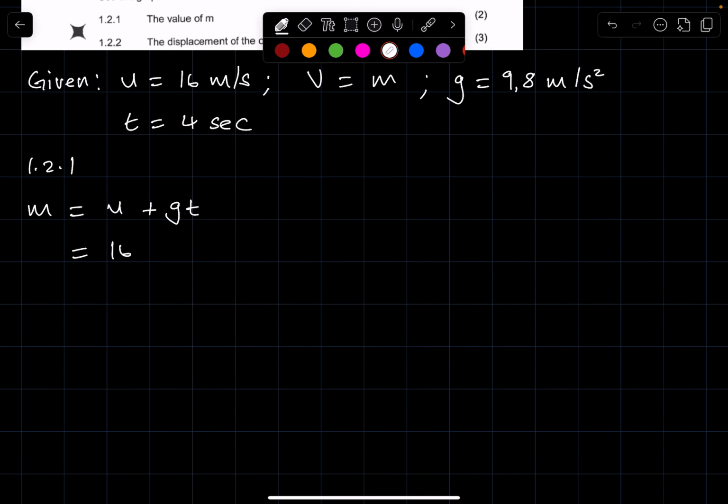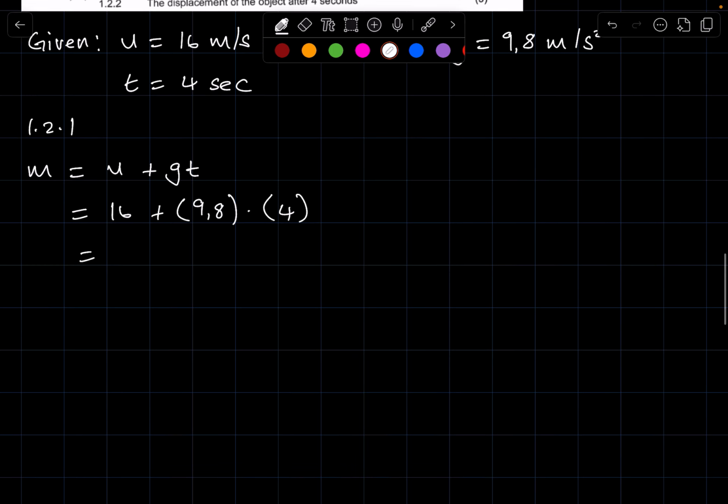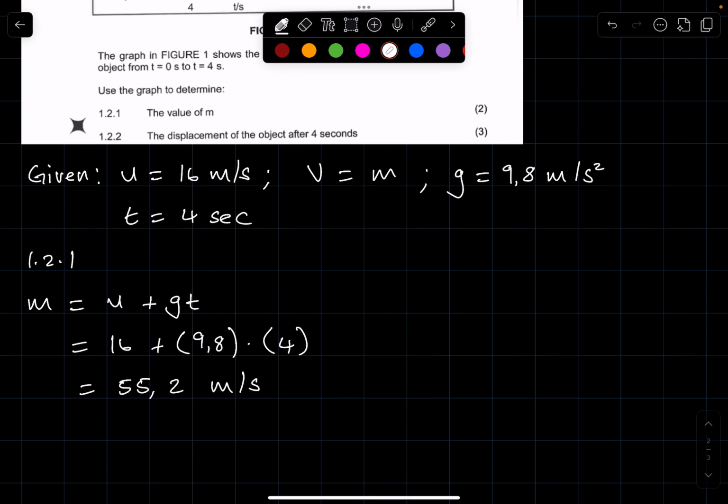It's 16 plus g, which is 9.8, times time, which is 4 seconds. If you punch this in your calculators, you are going to get 55.2. m is a velocity, so this is in meters per second. Very easy. It becomes very easy as long as you understand what you are doing.